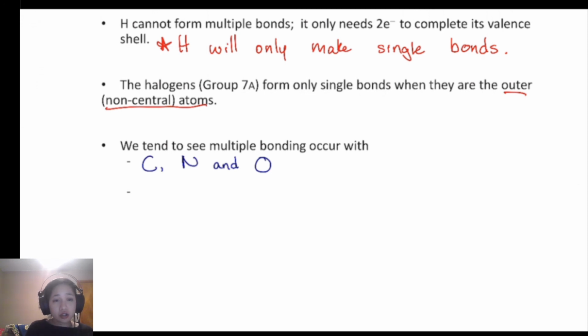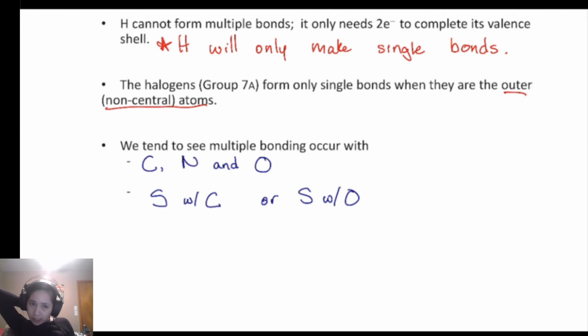Nitrogen, we saw N2 has a triple bond, so nitrogen can form multiple bonding. And oxygen, if you draw the Lewis structure for diatomic oxygen, O2, there's actually a double bond. And then finally, you can also see multiple bonds with sulfur when it's with a carbon, or sulfur when it's with an oxygen.